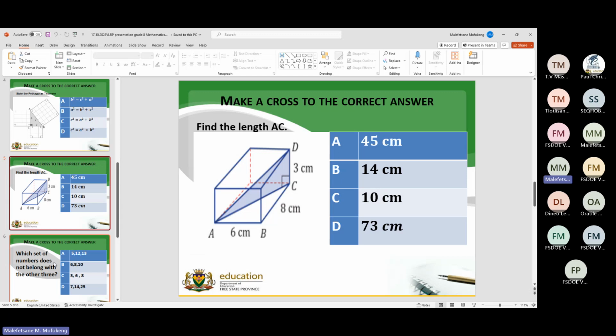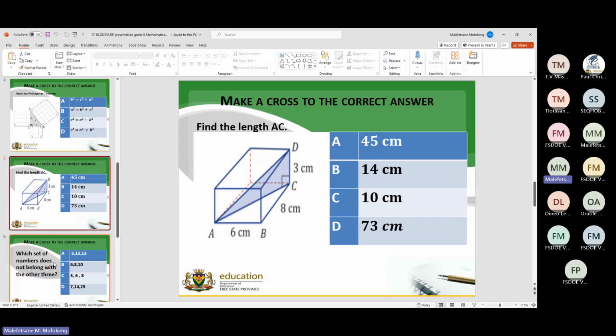In that case, we have to find our value and then the correct answer, where the four possible answers are 45 centimeters, 14 centimeters, 10 centimeters, and 73 centimeters.